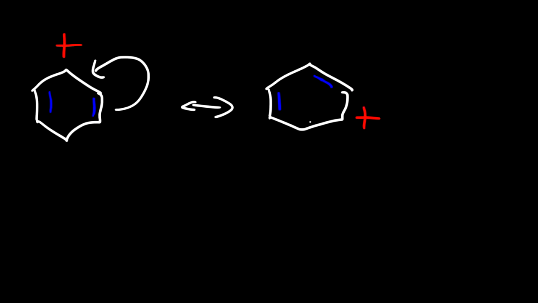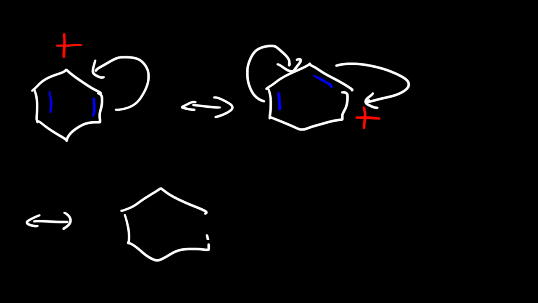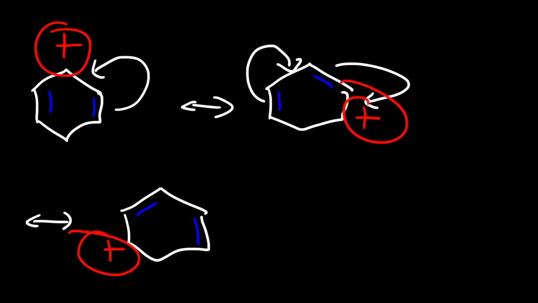Now I'm going to take this double bond, move it here, and then move this one here, giving me my third resonance structure, which will look like this. So now the positive charge is on this carbon. And notice that the positive charge can jump 2 carbons as it moves around this structure.